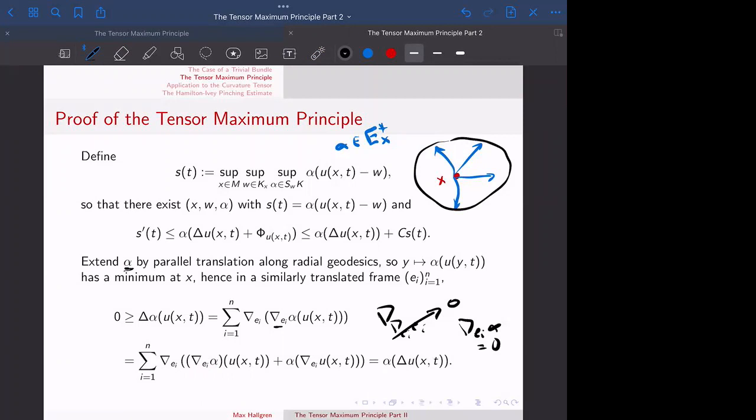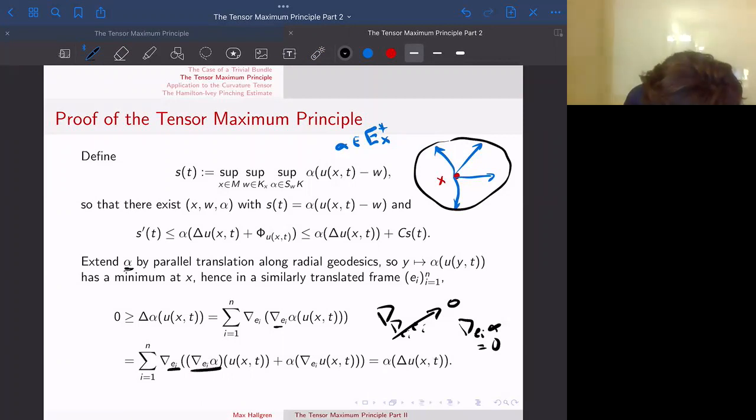Oh, sorry. Okay, and then we have the second derivative falling on alpha here. And the reason that that is 0 is because this not only vanishes at the point x, but it actually vanishes along the radial geodesic in the e_i direction.